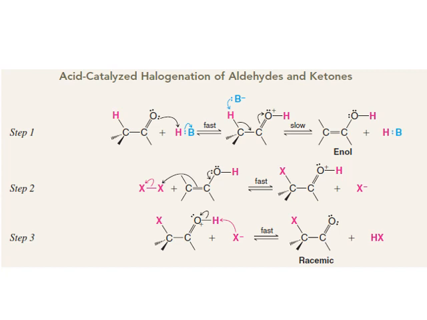Also, the reaction takes place in Z and E enol. If the attack takes place on the same side of enol, in the same side of Z and E isomer, we obtain two enantiomers. That's to say, the product will be racemic.